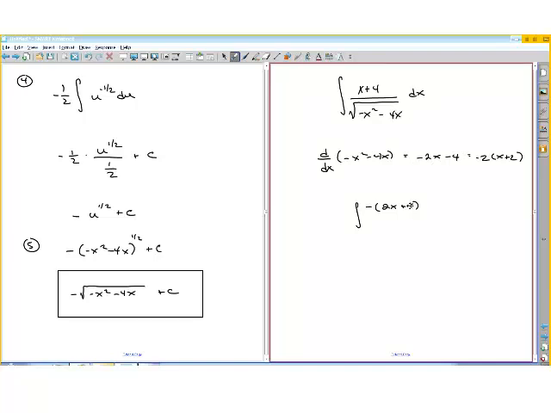What I'm trying to do is rewrite this in terms of what I have. Make sure I'm getting it right here. So the original is negative the integral of negative x minus 4 divided by the square root of negative x squared minus 4x dx. So what I did is I factored out a negative sign and made this negative.